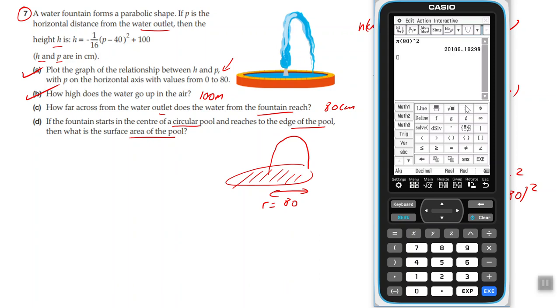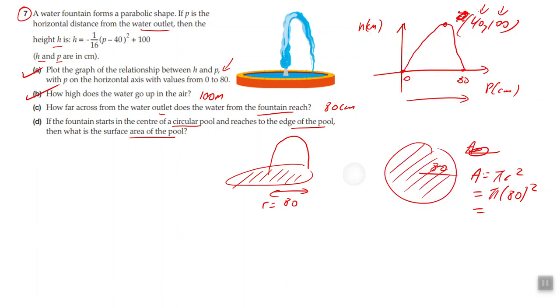So we get 201.06, 201.06 centimeters squared. Also put your units.